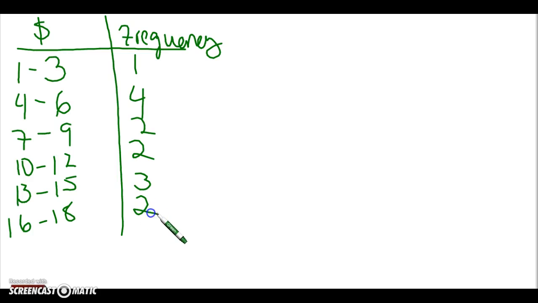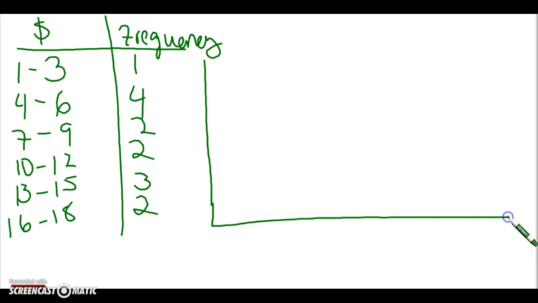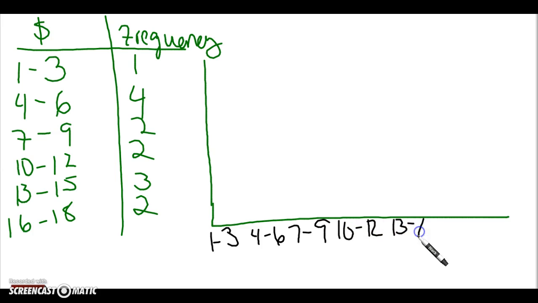Okay. All right. So let's see. We will make our table now. And I'm only going over so far just to make sure I have enough space. So we'll say 1 to 3, 4 to 6, 7 to 9, 10 to 12, 13 to 15, 16 to 18.